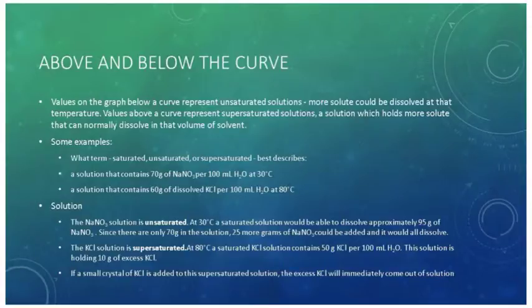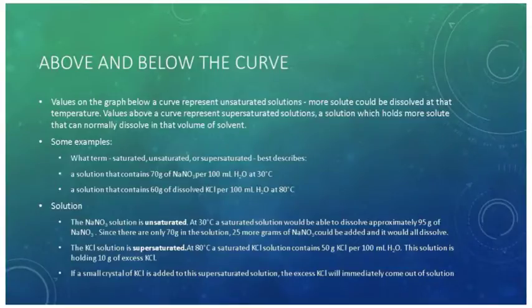Some examples. What terms, saturated, unsaturated, or supersaturated, describe these? A solution contains 70 grams of NaNO3 per 100 mL of H2O at 30 degrees. A solution that contains 60 grams of dissolved KCl per 100 milliliters of H2O at 80 degrees.